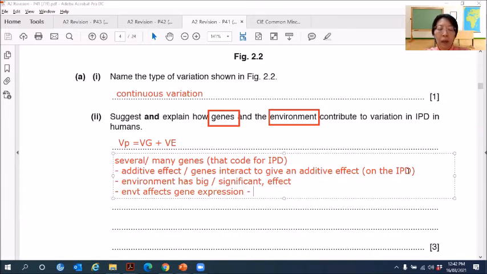What do you mean by environment affects gene expression? For example, this is similar to when you grow taller. What are the nutrients that will support a person to grow taller? Here, what are the nutrients that will support the growth of the distance between the eyes, the facial features? So what are the environmental factors?